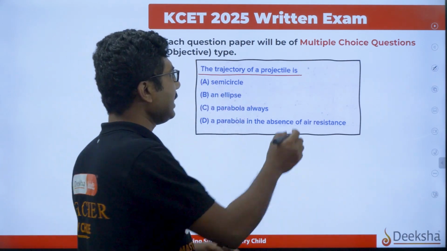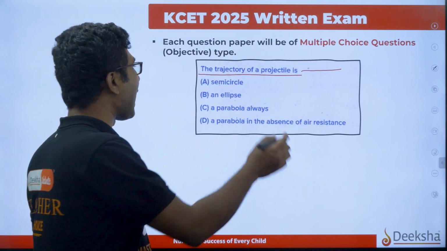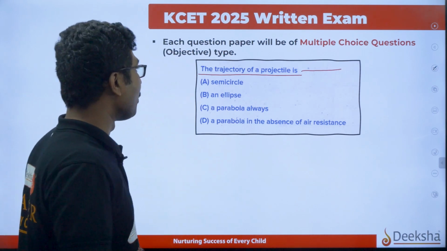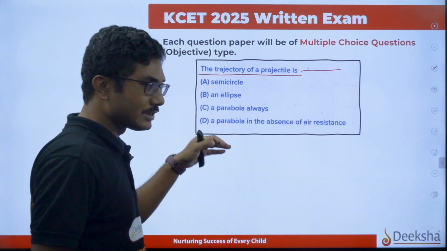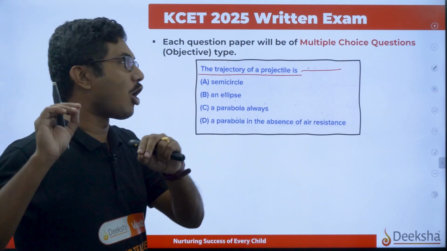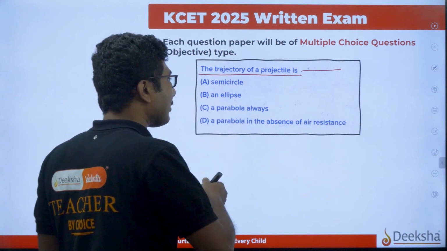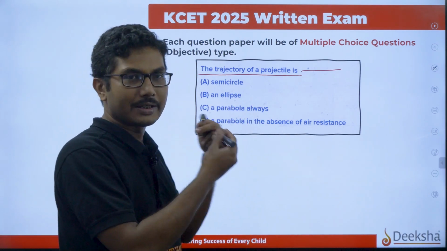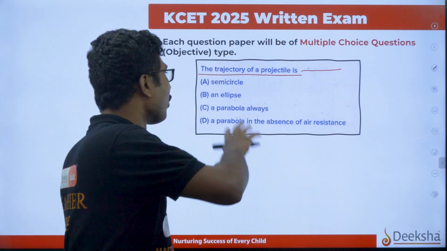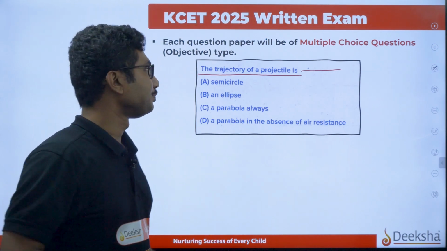This sentence is incomplete, and you can complete it by choosing the appropriate option from the given options. Options 1, 2, 3, 4 are given, and from there you have to choose the correct option: either semicircle, or ellipse, or parabola in the absence of air resistance. So a question with 4 options is called an MCQ, a multiple choice question.